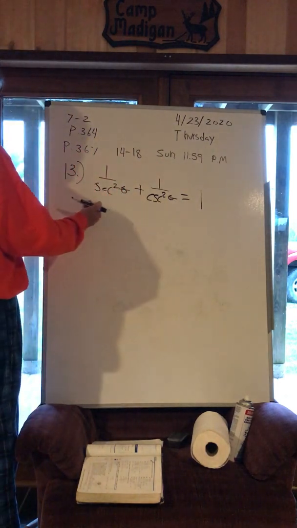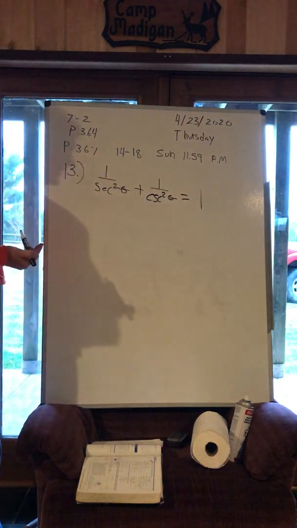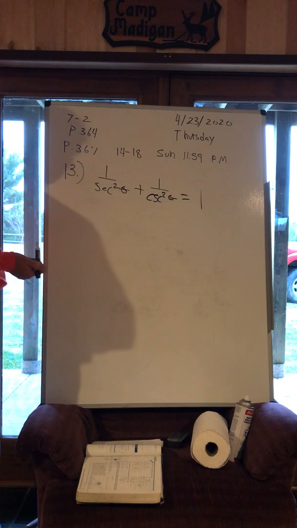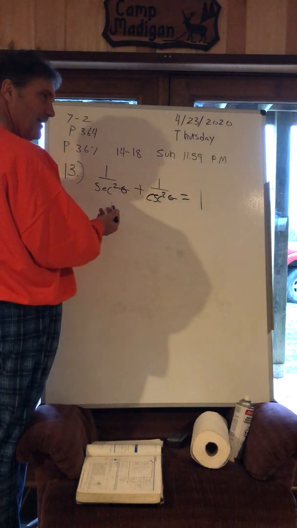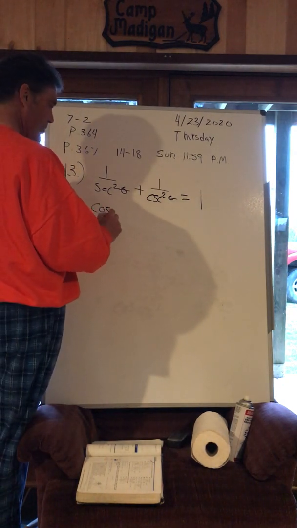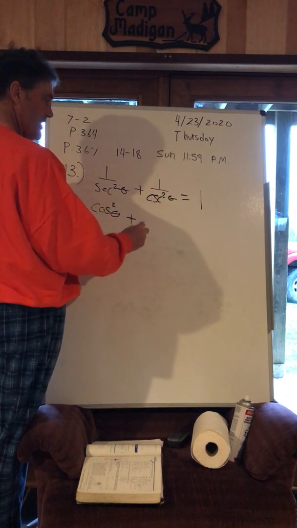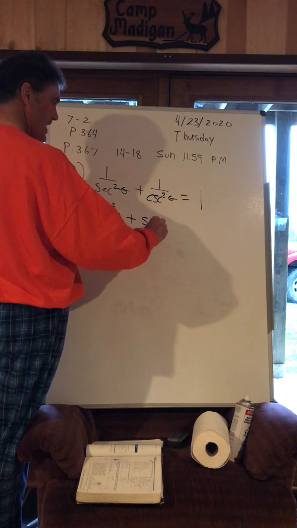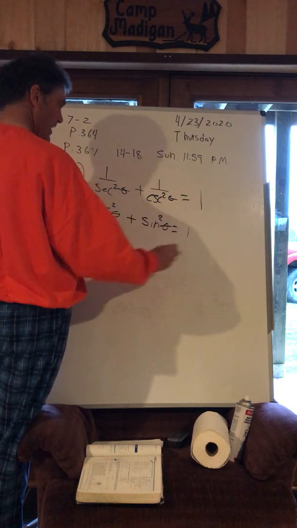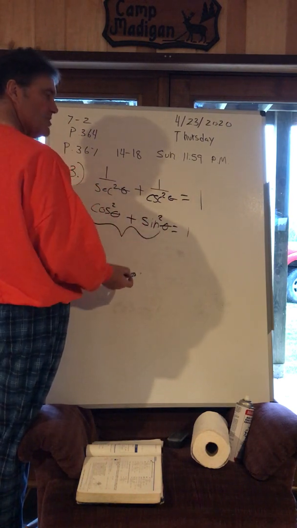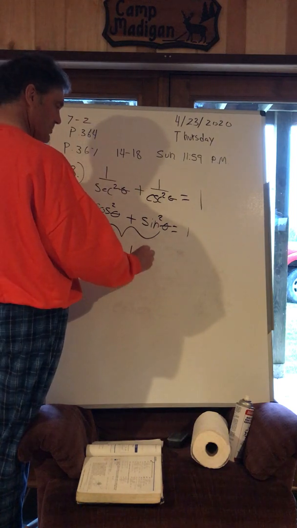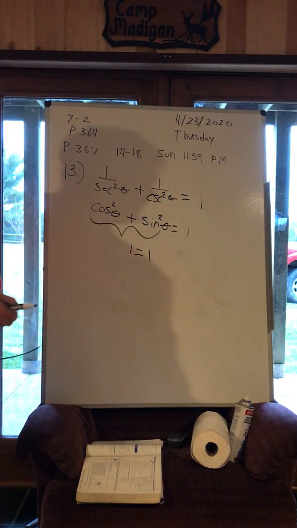Let's mess with this and make this equal to 1 if we can. Well, 1 over the secant is the cosine of theta squared. And 1 over the cosecant is the sine squared of theta. And we know right away that the sine squared theta plus the cosine squared theta equals 1. Again, I did it. It's easy.